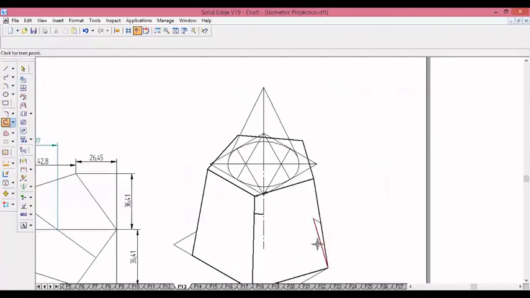The construction lines are not required and you need not do any dimensioning for isometric projection.